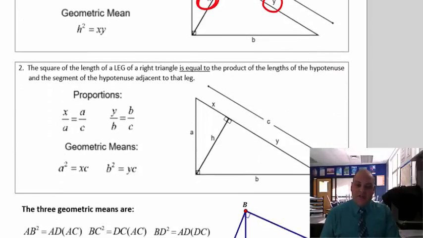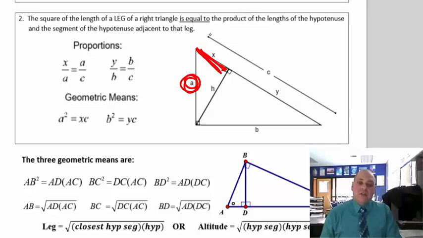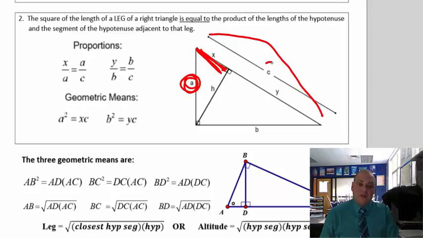Now, another situation is, same thing, everything's exactly the same, identical picture, except now we're going to look at the proportions that involve A and B instead of H. Let's say we wanted to find A, right? Well, the proportion is X is to A as A is to C. So now to find A, we need the closer hypotenuse segment and the entire hypotenuse.